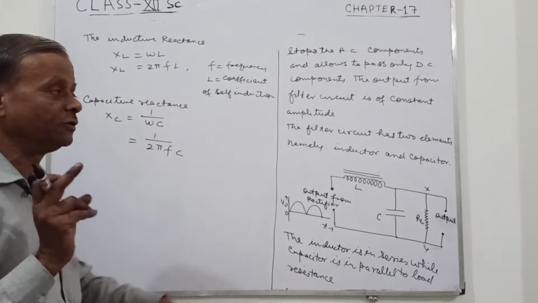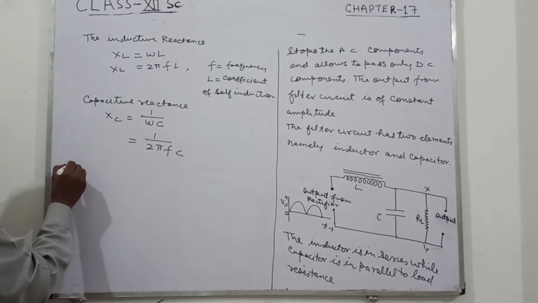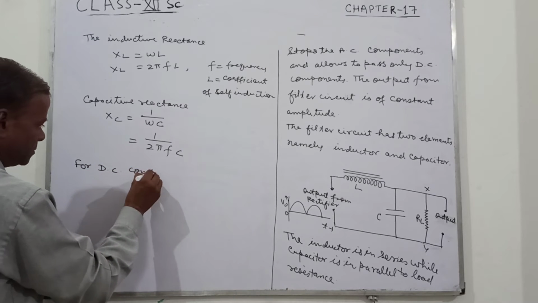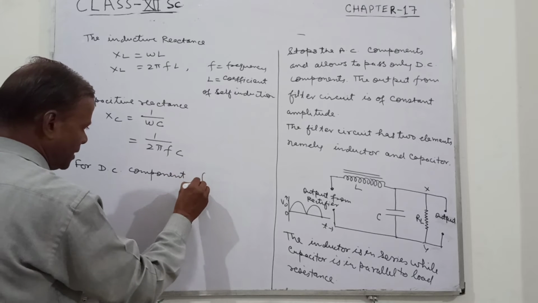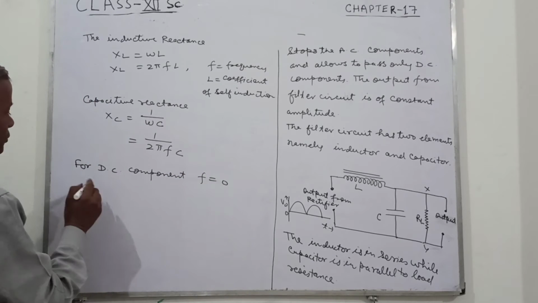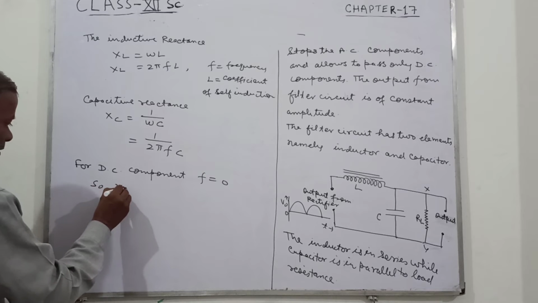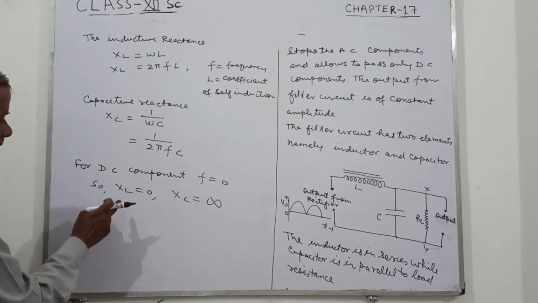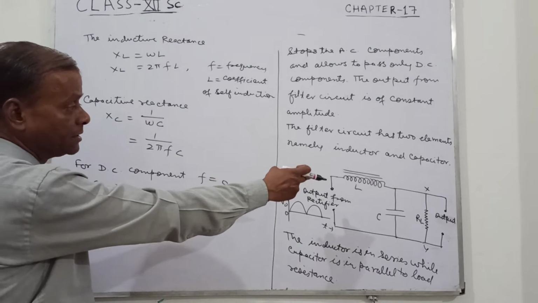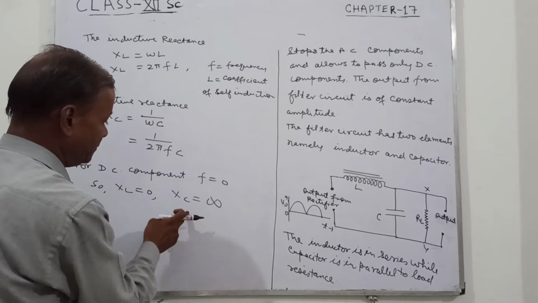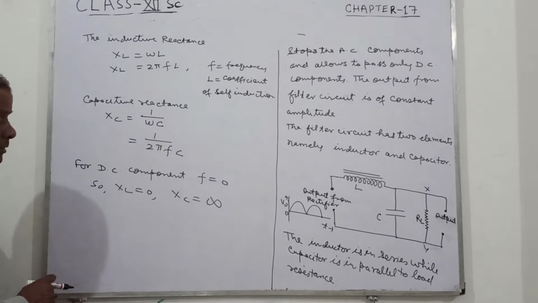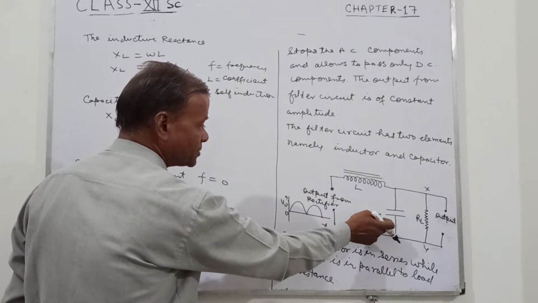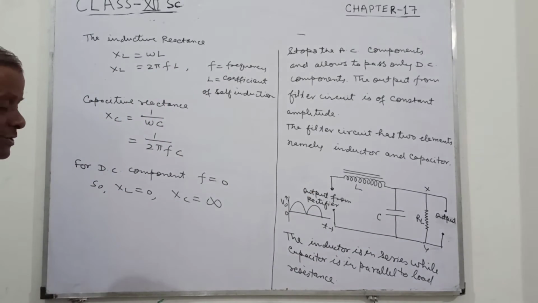So now we have to take for DC component. For DC component, f equal to 0, so XL equal to 0 and XC equal to infinity. It means that this inductor will behave as a conductor and this capacitor will behave like an insulator. It means that DC component will pass through this inductor, but it cannot pass through the capacitor.